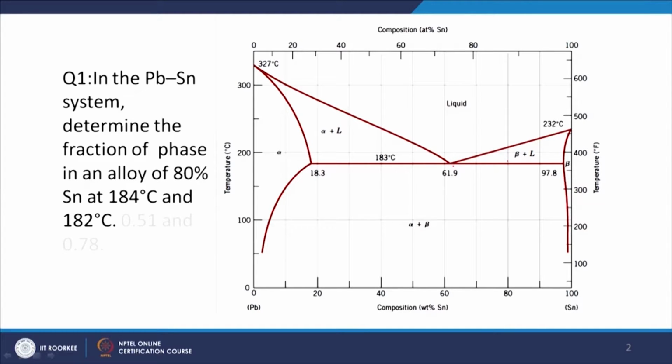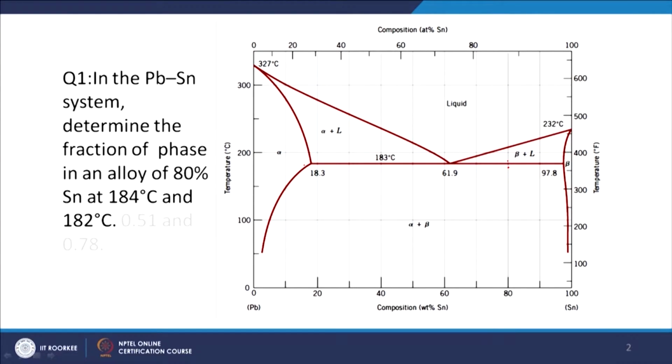Now, if you go to the temperature just below 183 degrees centigrade, here if you draw the tie line, it will be touching one beta point and another the alpha point.